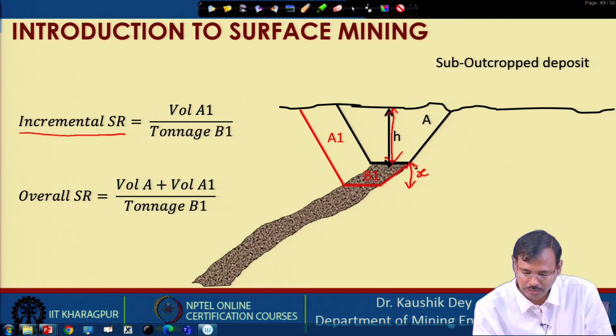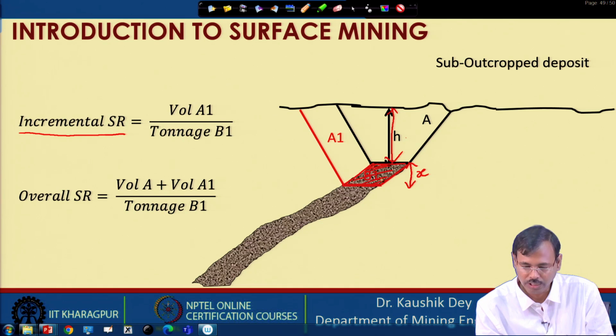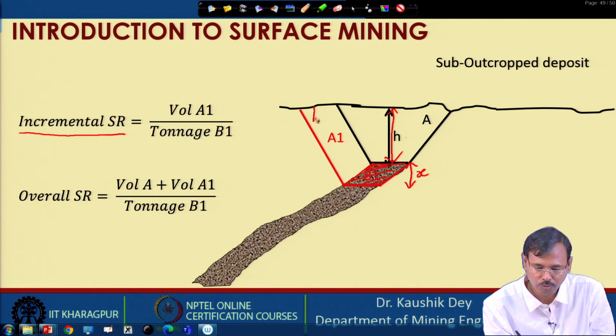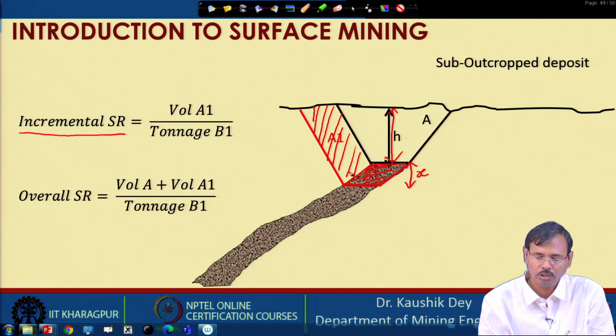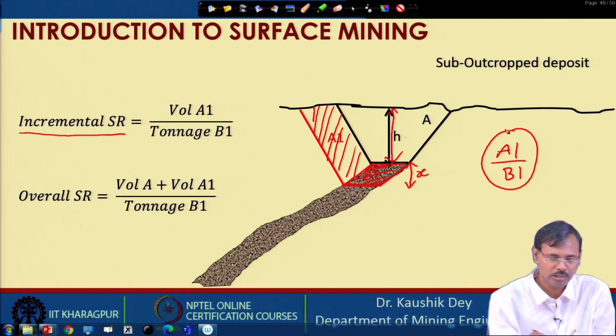If you are extending your operating depth from h to h plus x, by doing this you will generate an additional B1 tonnage of ore, but to get that you have to take out A1 volume of waste rock or overburden rock. So, this A1 by B1 is called the incremental stripping ratio.